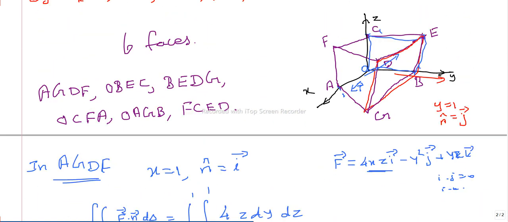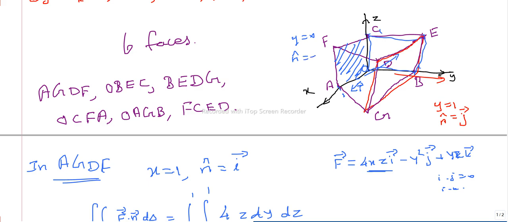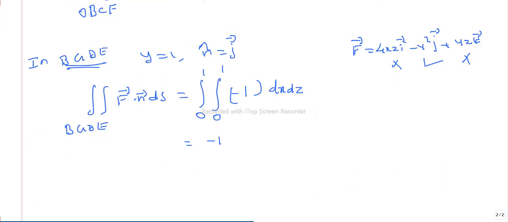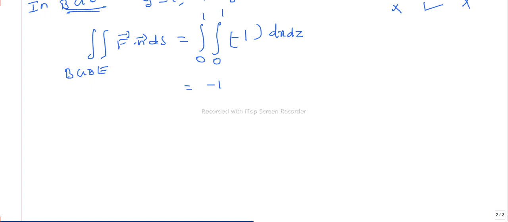Now you take the opposite side of this y axis, like this space. What is this region? This region is opposite to this y axis. So in this case y is 0. The unit vector is opposite of this, that is minus j. Maybe I can take O A F C. So in this case y is 0, and the unit vector is the negative of the j vector.